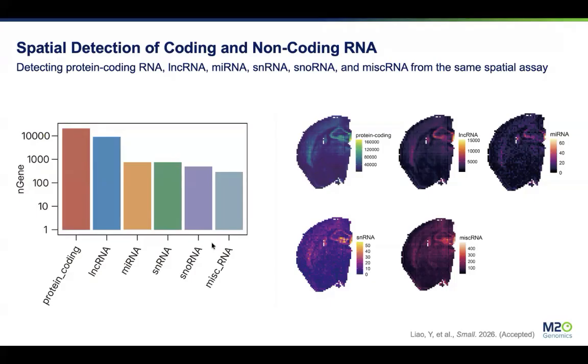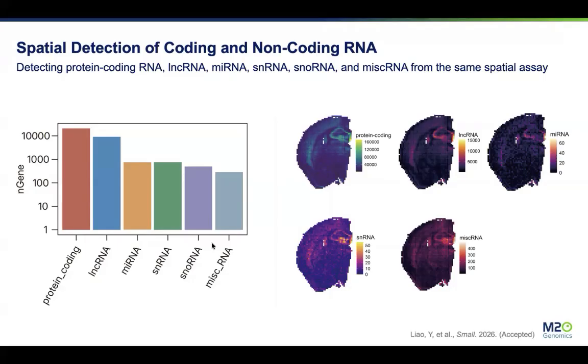Here we quantified the diversity of RNA species detected in a mouse brain section. On the left-hand side, NATA detects not only protein-coding RNAs, but also a large range of non-coding RNA species, including lincRNAs, microRNAs, and other regulatory RNA-associated species. On the right-hand side, we examined the spatial distribution of these RNA species within the same tissue section.